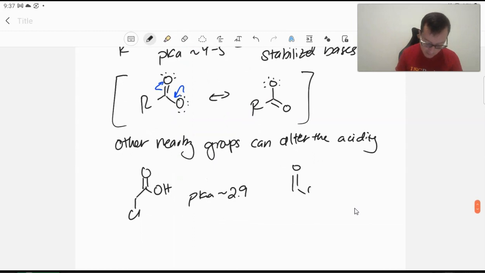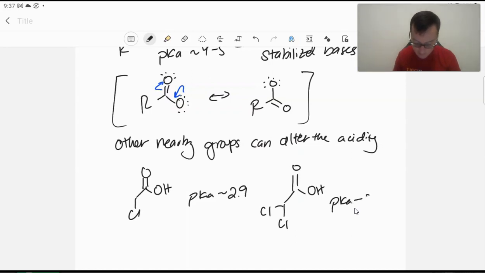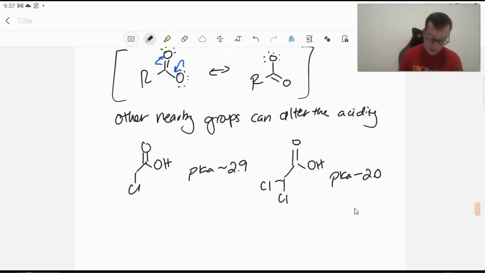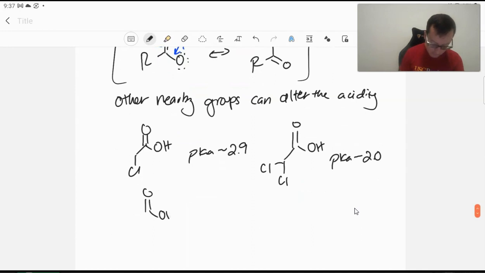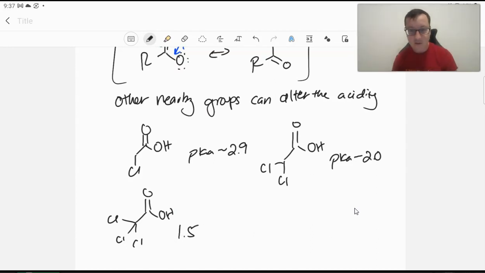If you put another chlorine on there, then we're going down to like 2-ish. And a third chlorine, we're going to like 1.5, thereabouts, rough numbers. But we see here that the more chlorines, more halogens we put on nearby our acid, we're going to end up lowering its pKa. So we're going to stabilize it, inductively speaking.